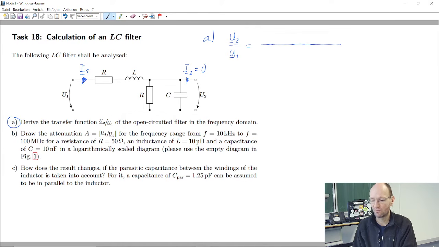Partial voltage divided by total voltage is exactly the partial impedance, where we have the voltage drop of this output voltage, and this is the parallel connection between R and the impedance ZC, and the total exactly is R plus ZL plus the very same parallel circuit there, R parallel to ZC. Okay. So what do you suggest to do next?